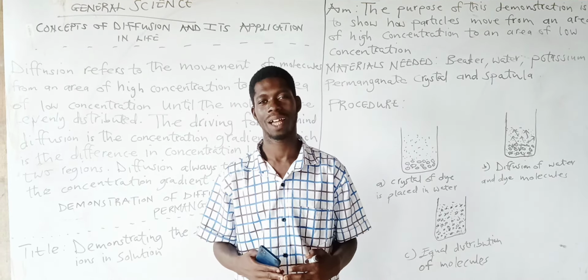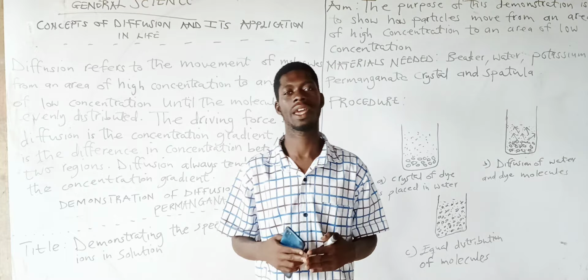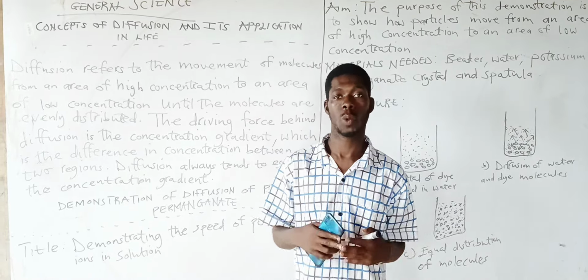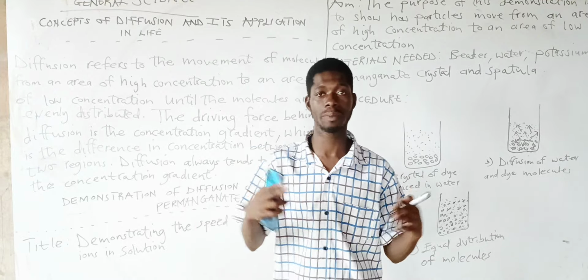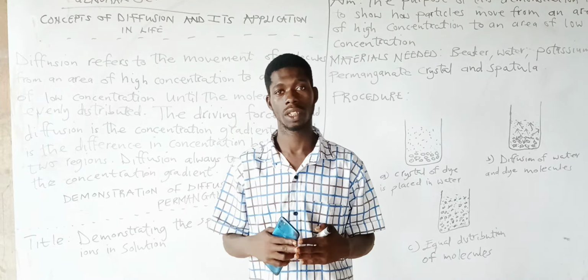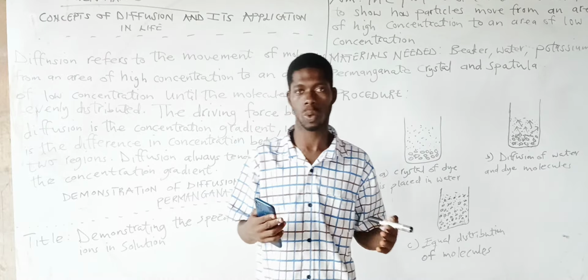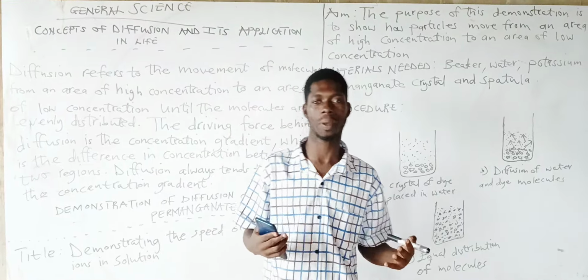After that, we talk about the functions of the female reproductive system or organ: the vagina, the ovary, the fallopian tube, the vulva, the clitoris. We also learn their functions as well. After that, we solve a lot of questions concerning that topic.